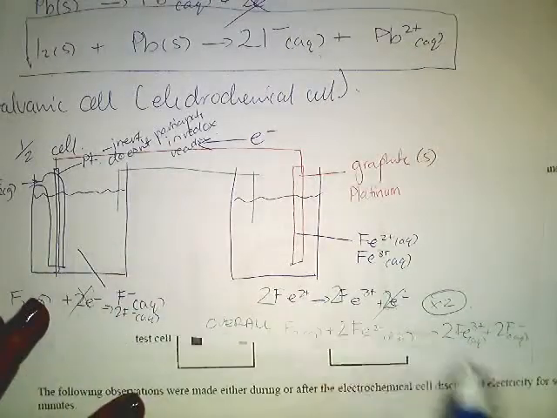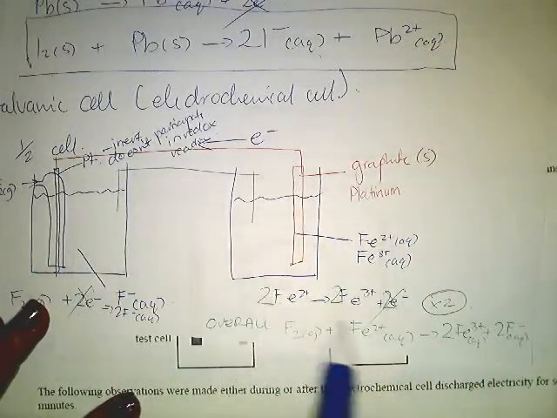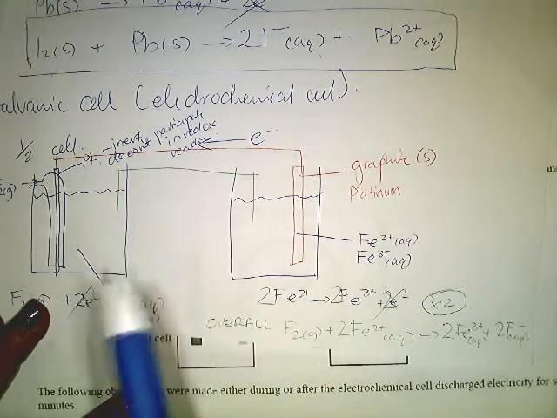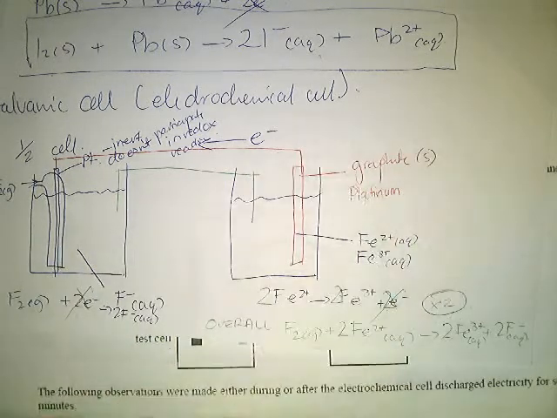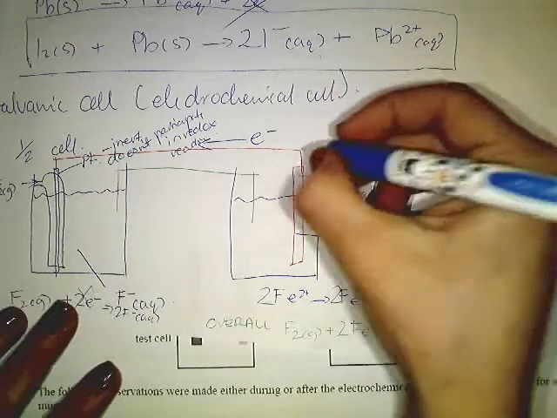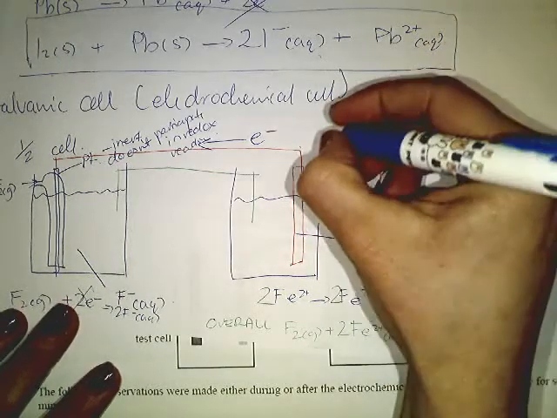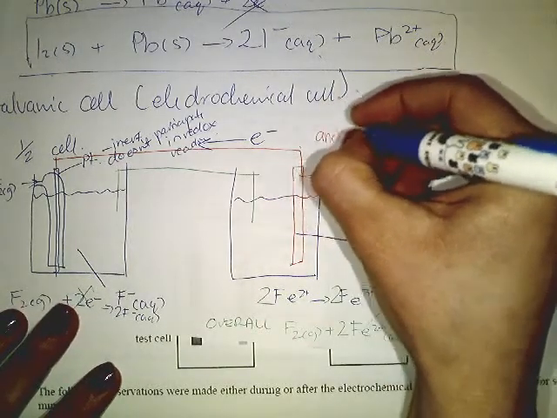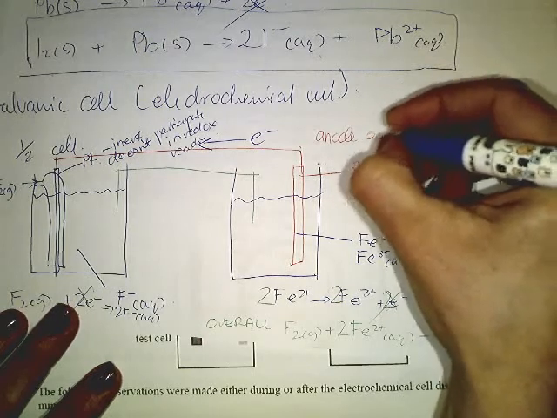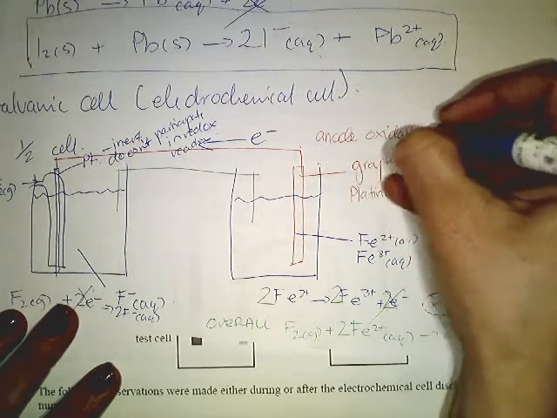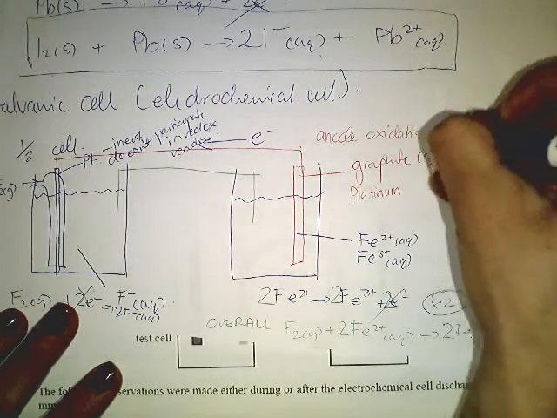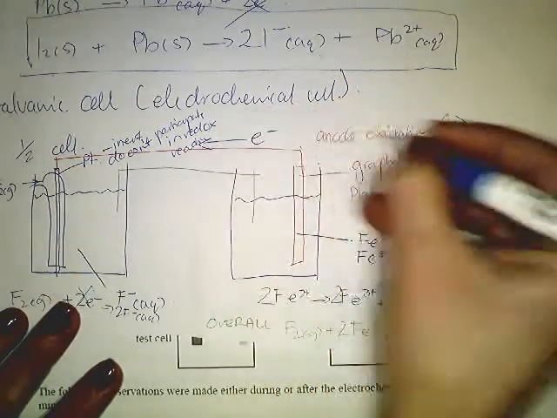Okay, but we've made electrical energy because we've separated the two half cells. Now we've got to start doing the nomenclature. So this one would be called the anode, as oxidation is occurring, and it carries a negative charge because electrons are flowing away from it.